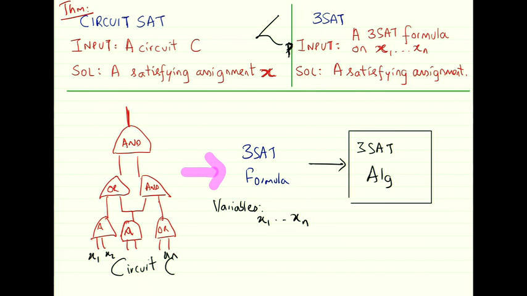In particular, for every wire in the circuit, I'm going to have a variable, since every wire is going to be 0 or 1, Boolean. So the variables will be x1 through xn, which are the inputs, and I'll call these w1 through wm, the internal wires.